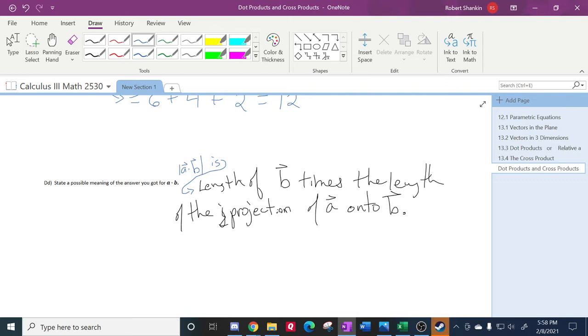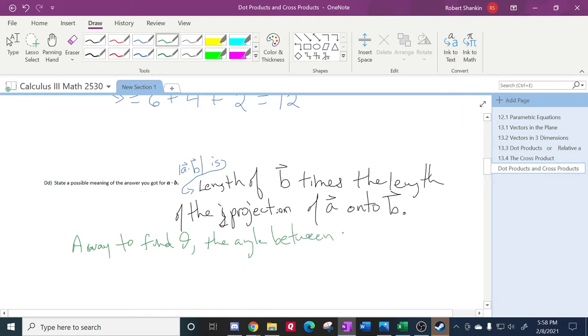I'd say simply, that's one way to find out the angle between two vectors, a way to find theta, the angle between the vectors A and B in standard position.